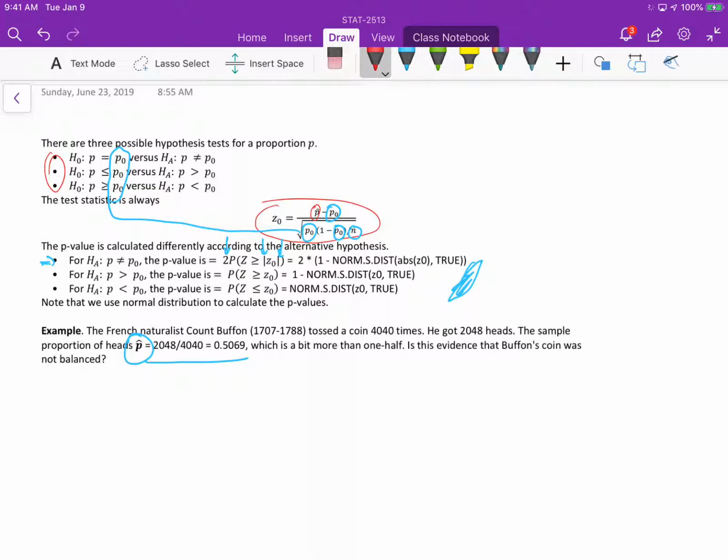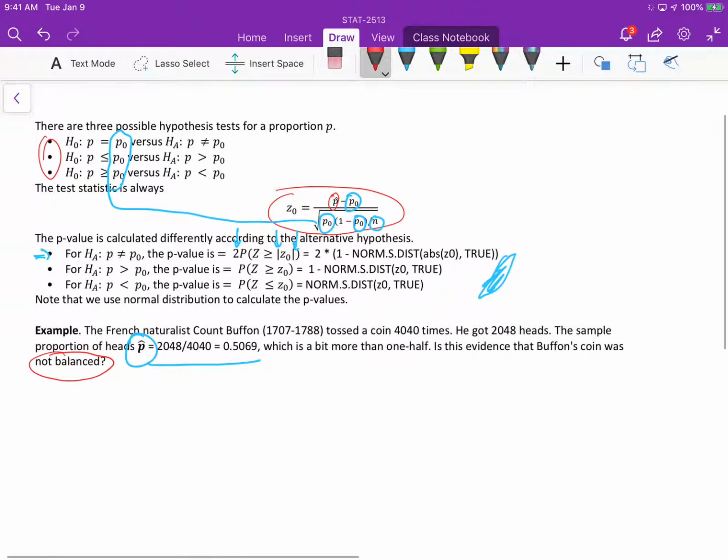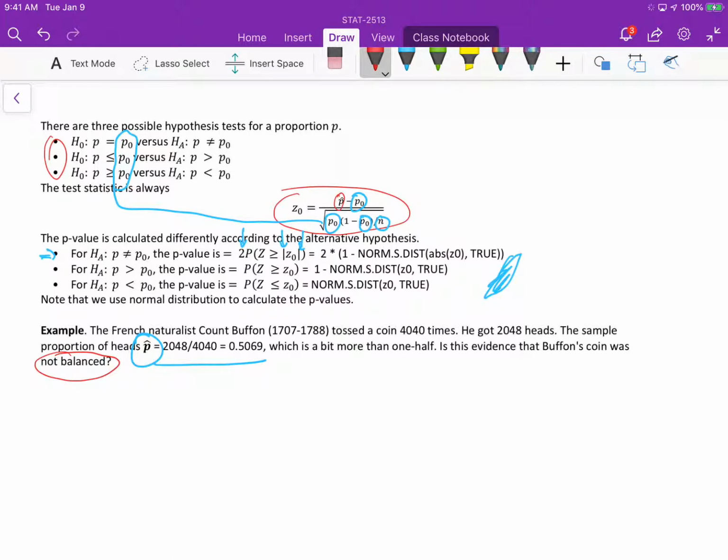Notice, in this problem we want to know whether there is evidence that the coin is not balanced. Usually, what we want to prove is the alternative hypothesis, right? In this case, we want to know the coin is not balanced, so not equal to 0.5, because 0.5 corresponds to a balanced coin.